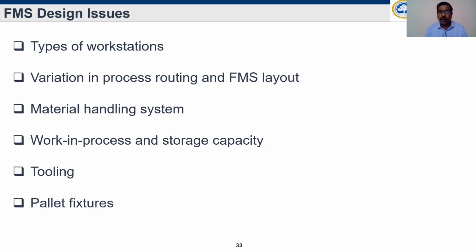Then the number of work in process and storage capacity, meaning temporary storage in this context. Then what kind of tooling and pallet fixtures, because pallet fixtures are also considered temporary storage. These are all the things we have to consider for tooling and design issues.